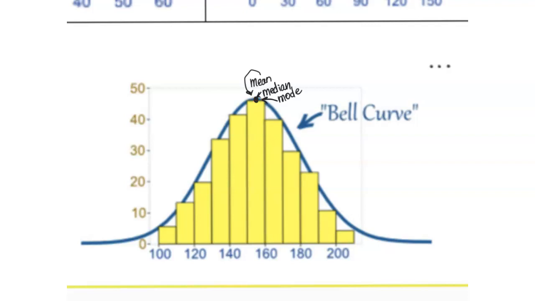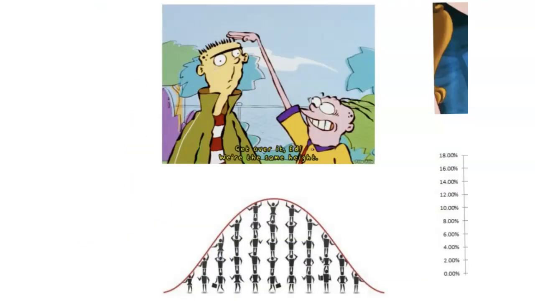So, well, Ms. Collins, put that into an example. What does that mean for real life? Here we go. Back to our height example. Height is something that would be represented in a normal distribution curve.